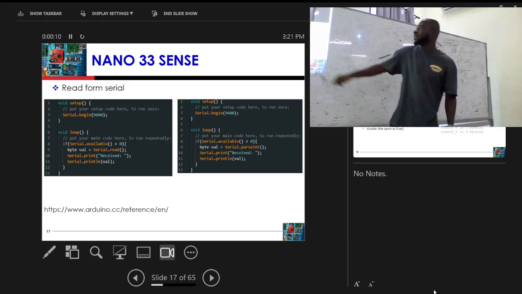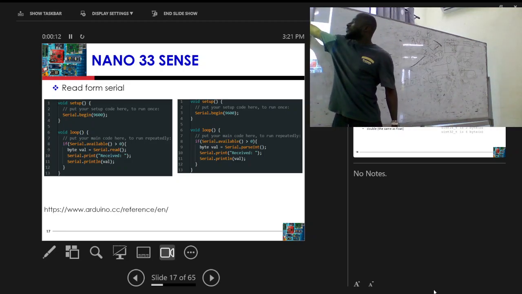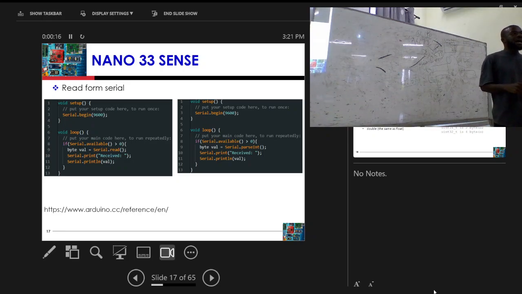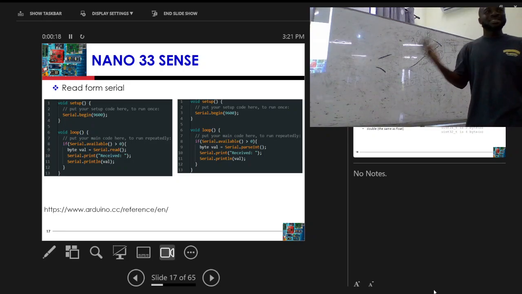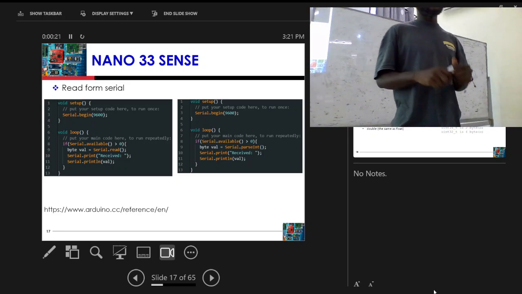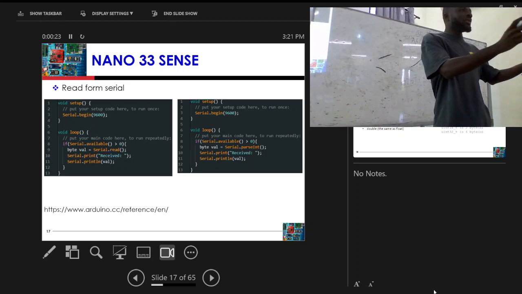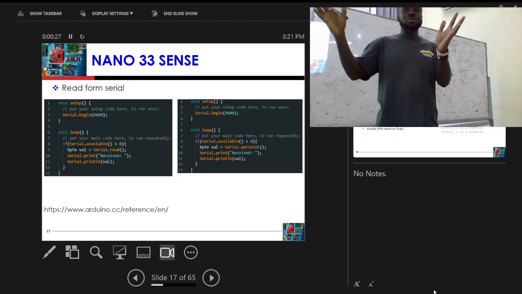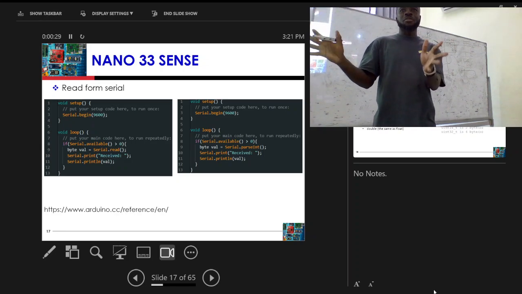Why? Because instead of using serial.read, I'm using serial.parseInt. So it will print the actual integer values for me. Simple. So now I know how to print ASCII values, and I know how to print the actual integer values. So that's what the assignment was for.